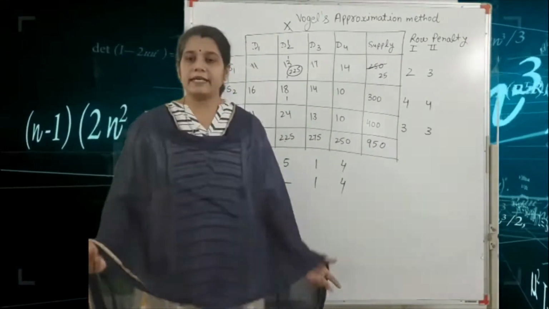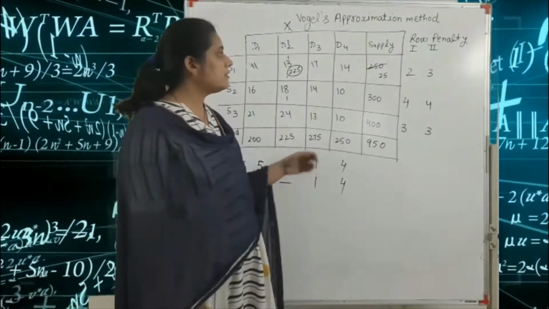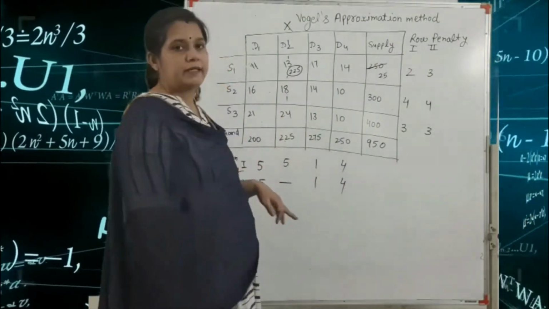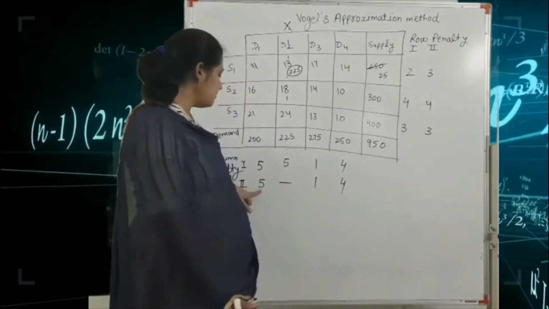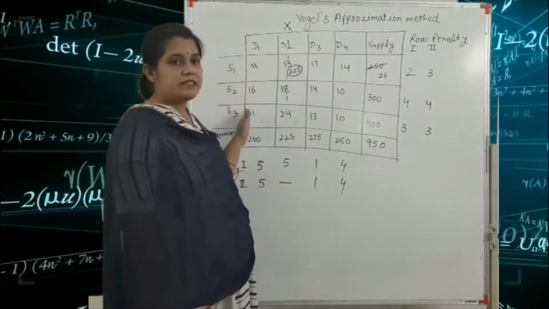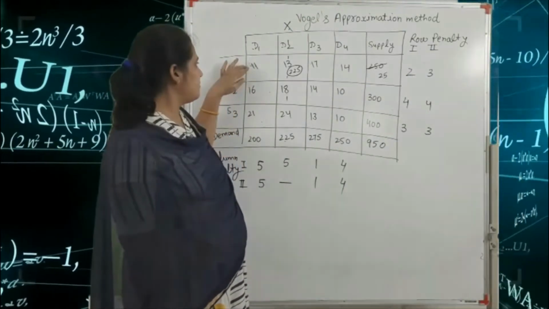Again we repeat this process, with the second row penalty and column penalty. You choose the maximum value, so the maximum value is 5. That means we allocate in this D1 column and choose the minimum cost cell. The minimum value is 11.